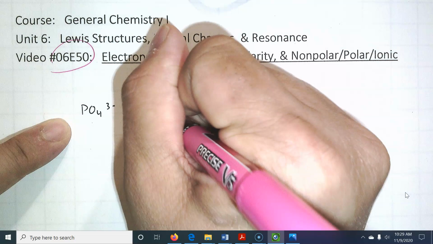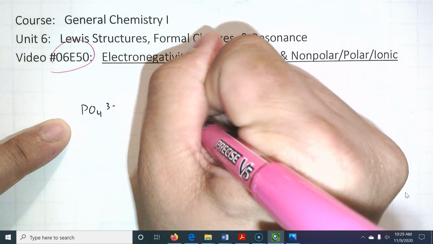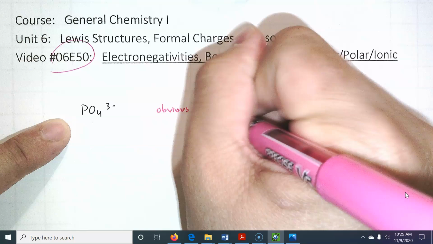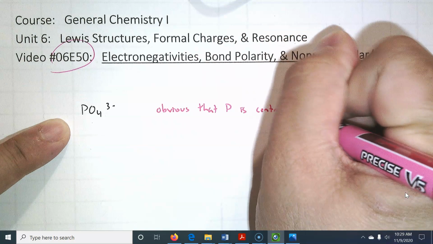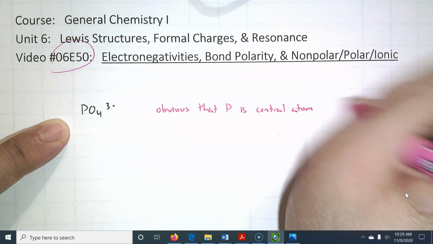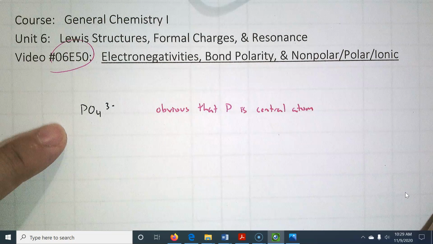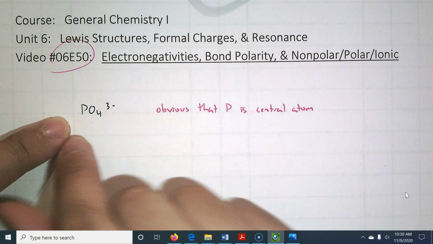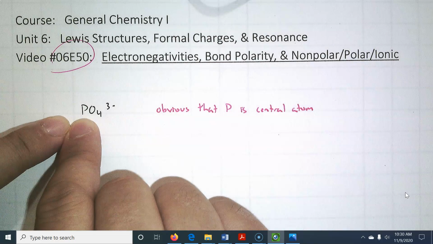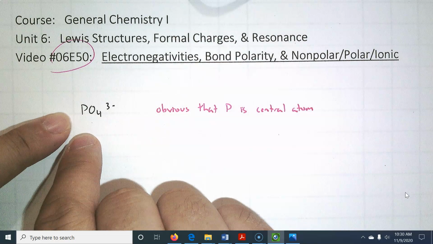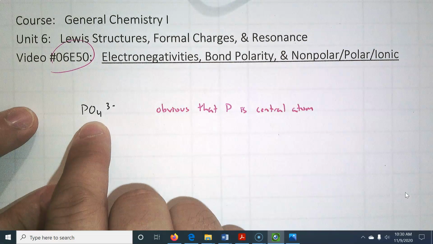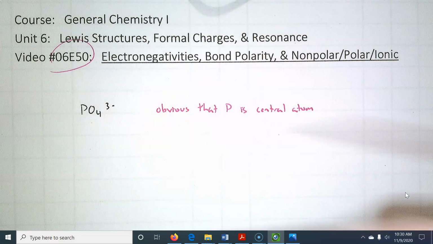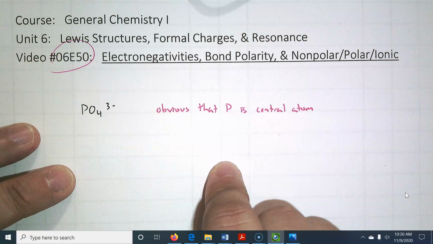So this is pretty obvious that phosphorus is the central atom. Typically, in these cases, it's the one that has a single atom of an element, and you have multiple copies of a second element, like oxygen. So you would put the P in the middle and oxygens around it.